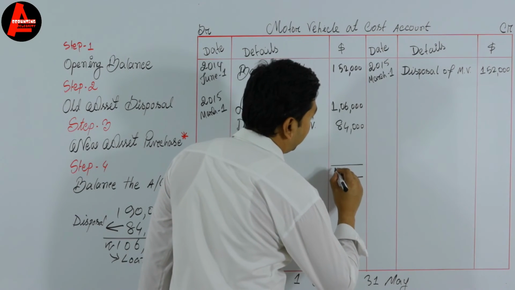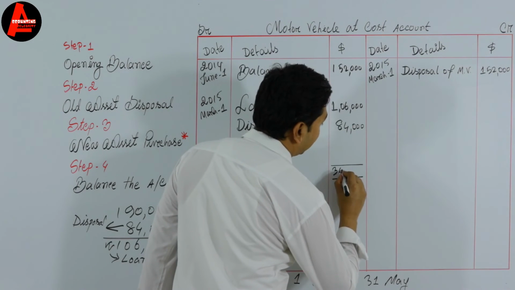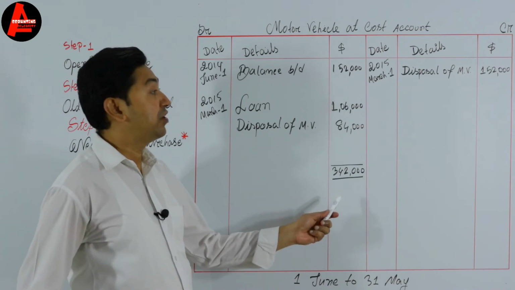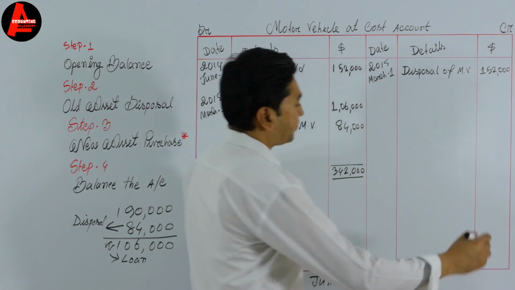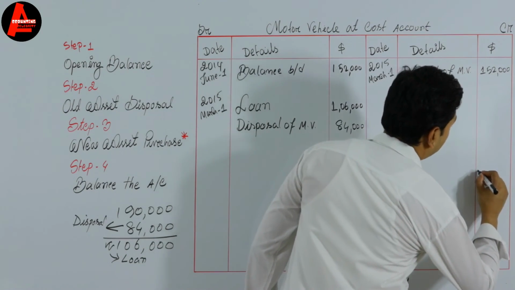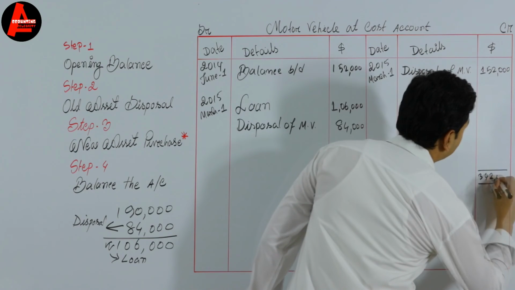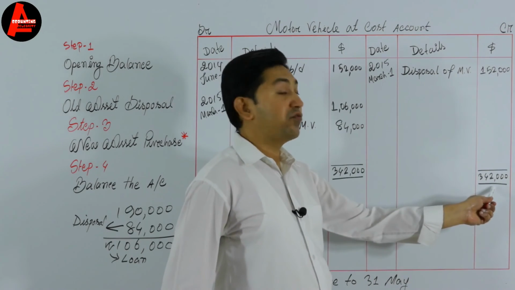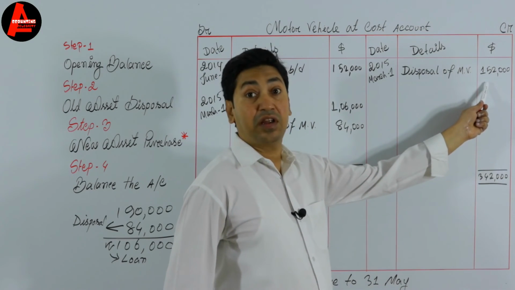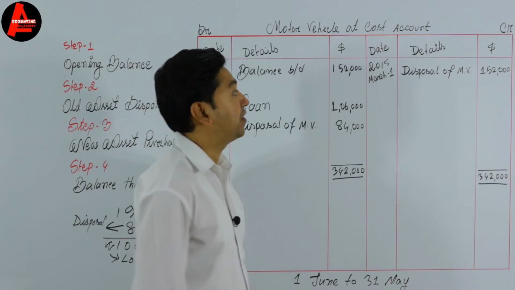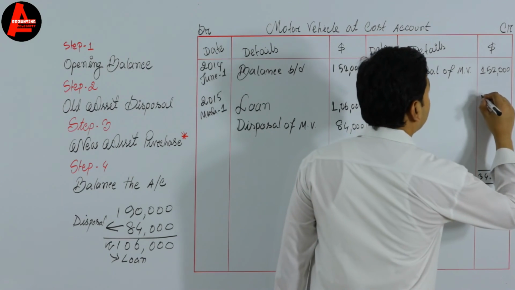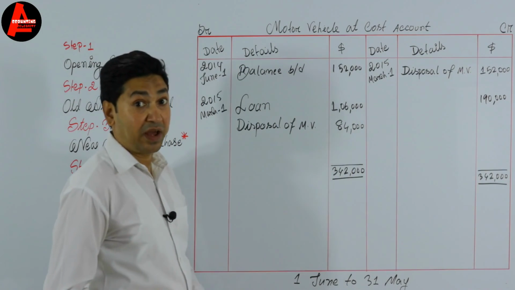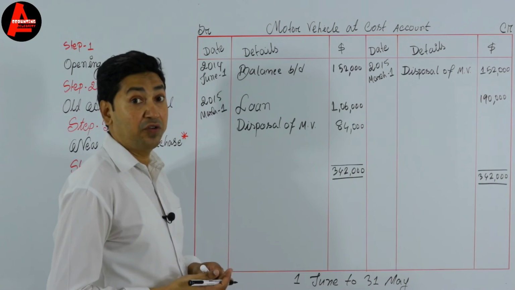If we sum up, we find here $342,000. The same amount we will take to the opposite side, on the credit side, at the same level, $342,000. Now $342,000 minus $152,000, how much? It is simple, $190,000.